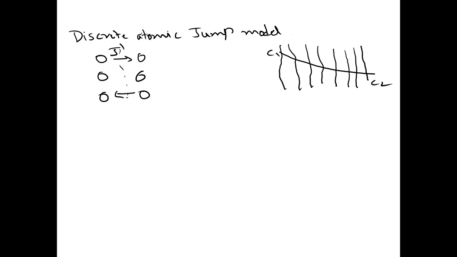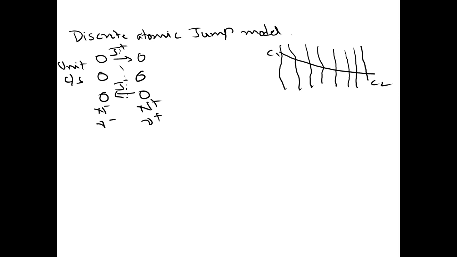Then this is J plus, and this is J minus. But we are considering the unit cross section area. And we have the concentration of atoms on the left side as n minus, and this is n plus, and the frequency with which it is diffusing from left to right is gamma minus, and the frequency from right to left is gamma plus.